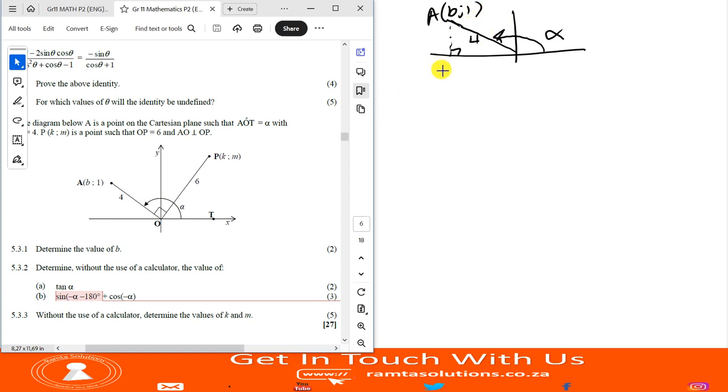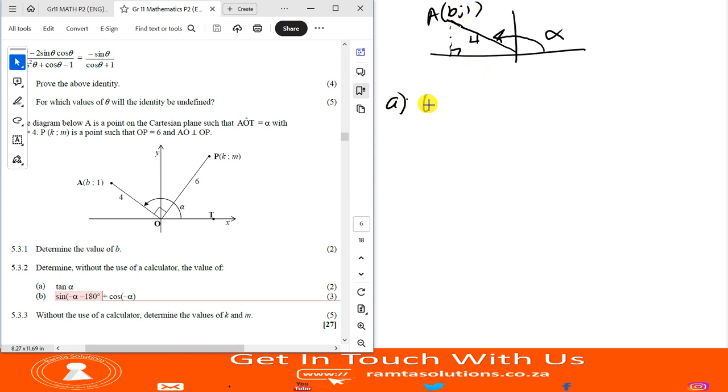So what we are going to do, I'm not going to waste my time. I'm going to call this portion here the alpha that I'm really interested in, because the reason you're doing a reduction formula is to write your angles in an acute form. So we do have x and y and r.